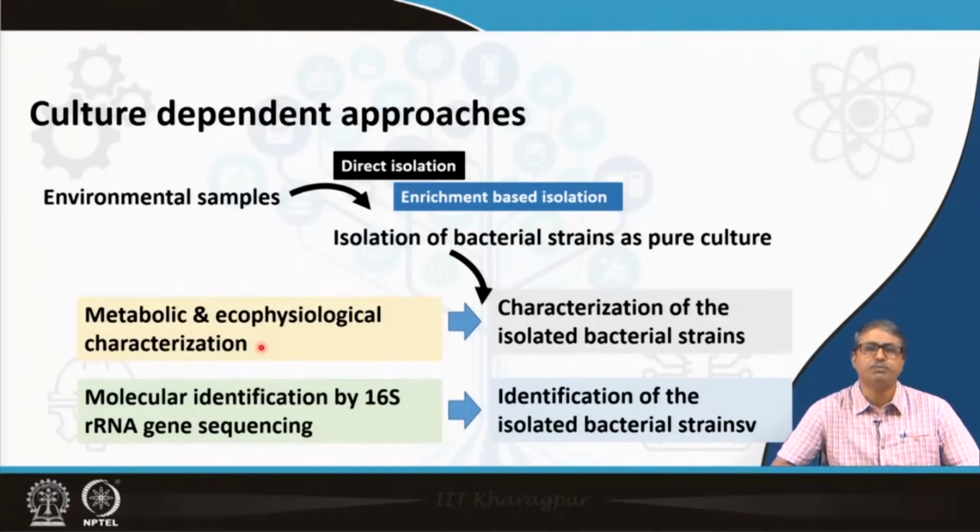Now, for example, if we have 20 bacterial strains isolated as pure culture from a given sludge or given contaminated environment or any other environment where we are trying to understand the role microbes play in environmental process development.